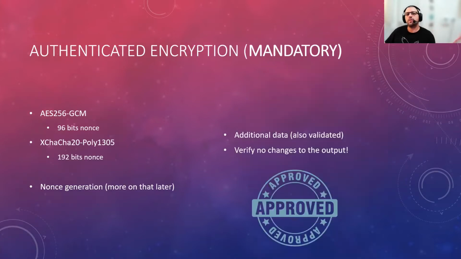For that reason, you want to use one of these two algorithms. This selects for you the encryption algorithm, the key size, the mode, and everything else. This is also something that is called authenticated encryption. And let's talk about what is authenticated encryption. The whole idea is that I want to send you a message.